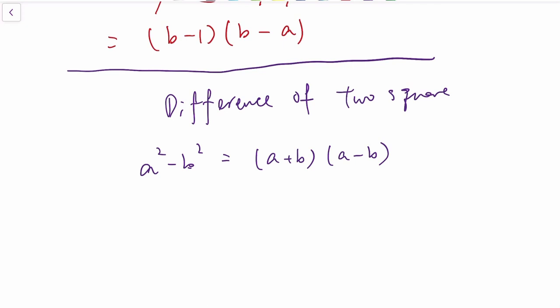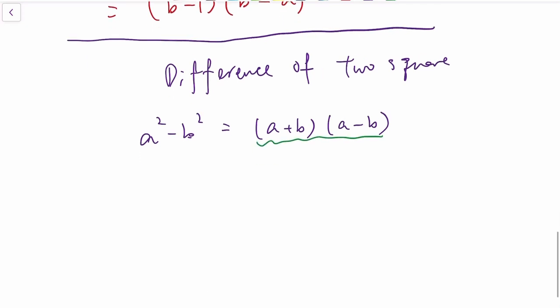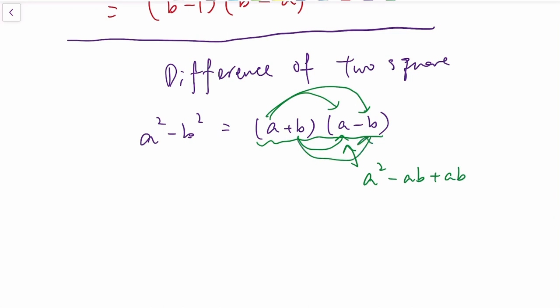Now one can see that this is true by expanding the right hand side, because if you expand this, then a times a is a squared, a times negative b is minus ab, b times a is also ab, and then b times the negative b is minus b squared. Then the minus ab and the plus ab will cancel out, so we have a squared minus b squared, which is exactly the left hand side.